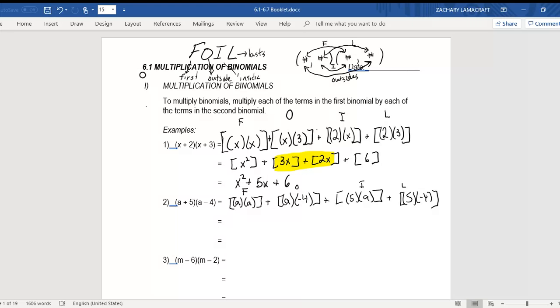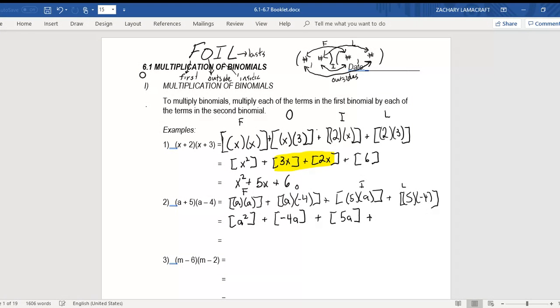If I continue with this now, my first bracket would be A times A, which is A squared. A times -4 being -4A. 5 times A being 5A.